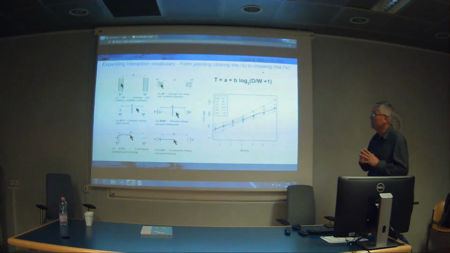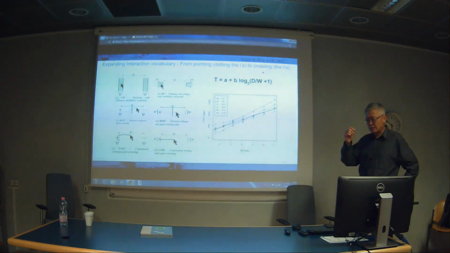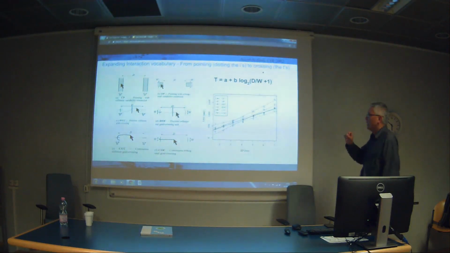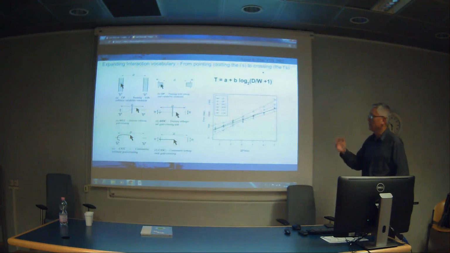So this is another type of phenomenon we discovered that we call the law of crossing. If you say Fitts's law is the law of pointing, we want to invent a new vocabulary that is based on crossing a graphical object in different ways. So you move in one direction, vertically or horizontally or different directions or back and forth.